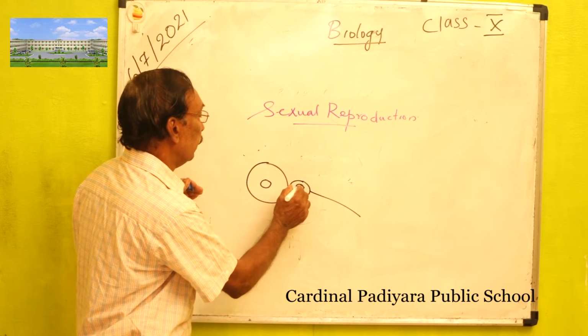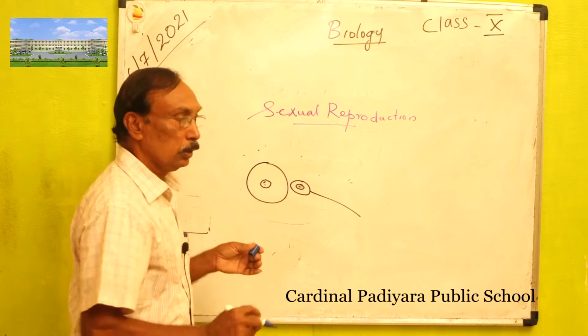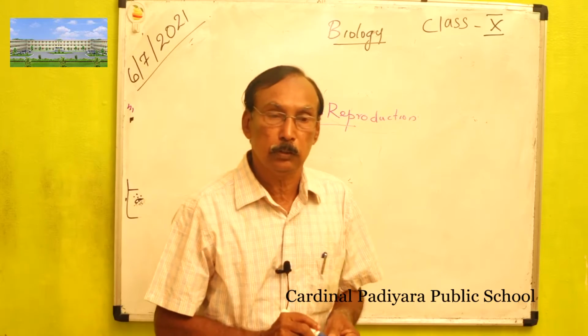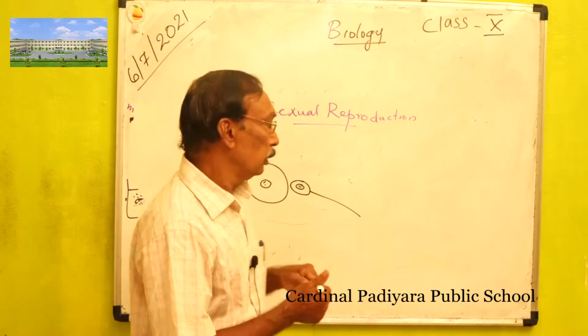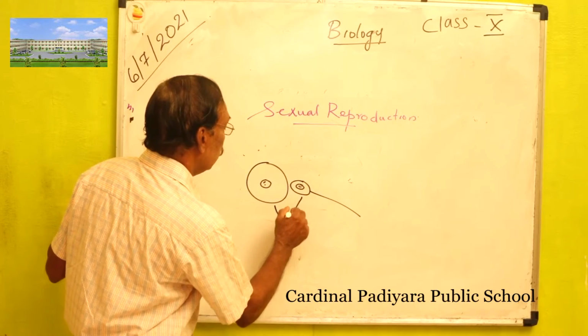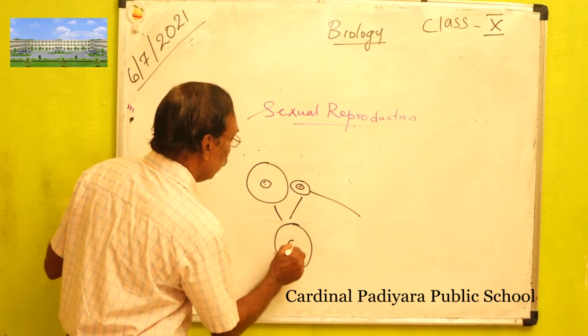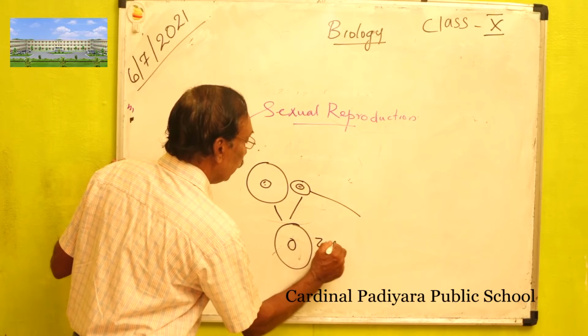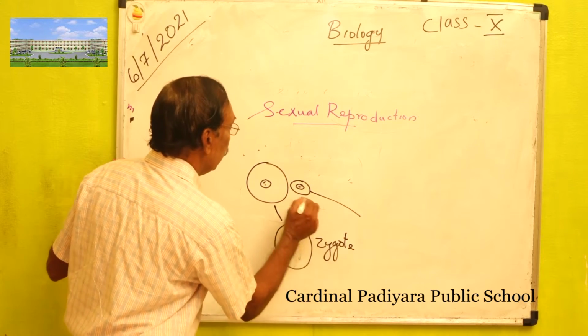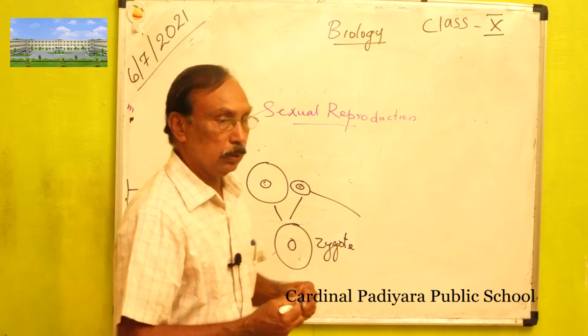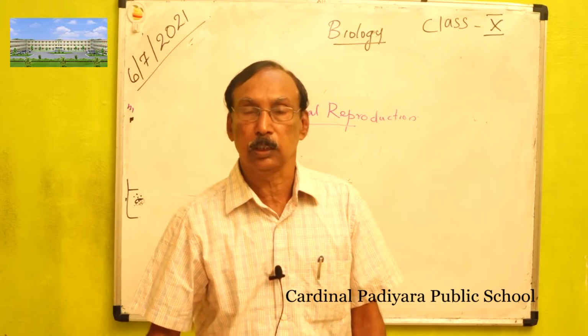DNA controls the characteristics of the organism. These two cells join to form a zygote. So the DNA from a male and a female combines and becomes a zygote.